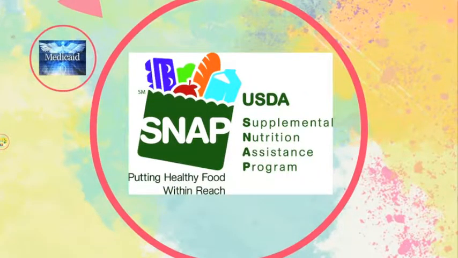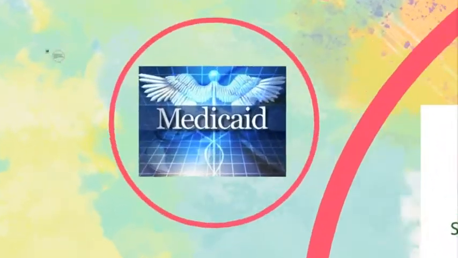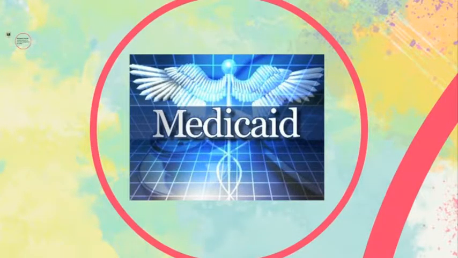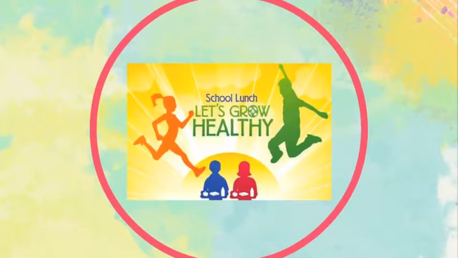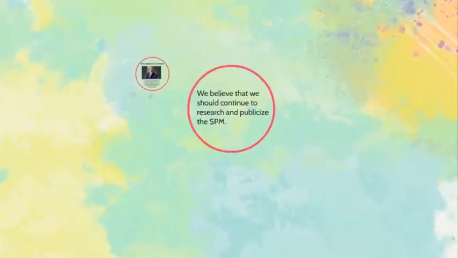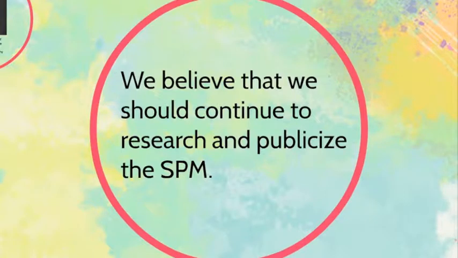The SPM includes age, gender, nativity, tenure, region, healthcare, government benefits including SNAP, school lunch, EITC, medical out-of-pocket or MOOP expenses, work expenses, and several other factors that make a difference in a person's annual disposable income. We believe that we should continue to research and publicize the SPM, but it should not be implemented to be the new official poverty measurement.